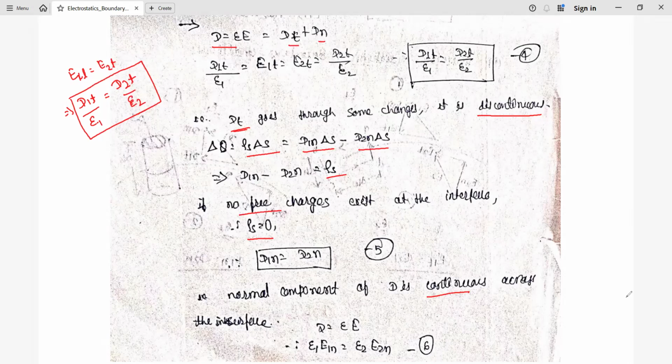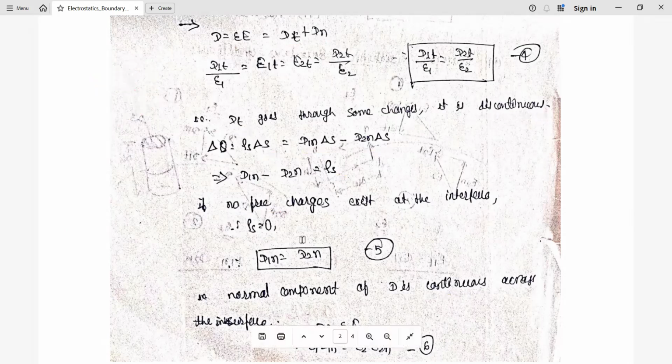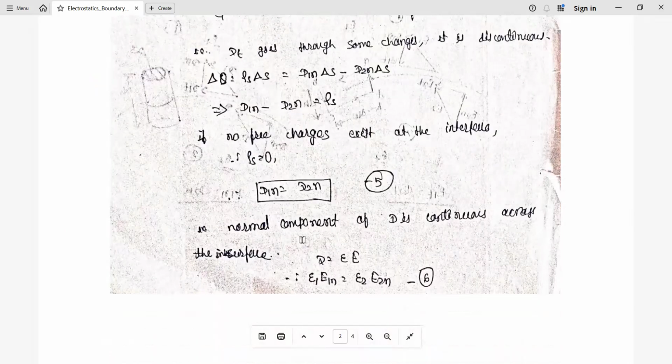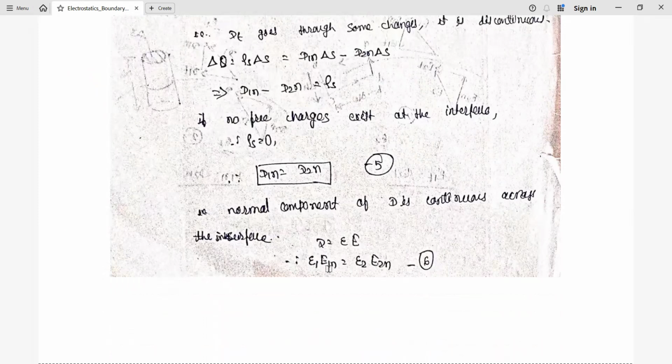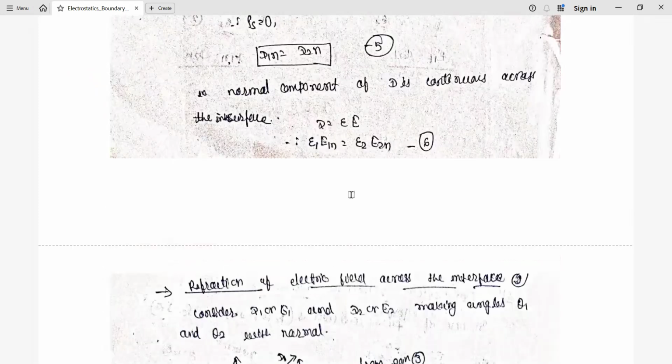On the basis of this, again, you can realize the expression for the electric field intensity here. Already we know D equals epsilon into E, so on that basis we can write the expression for the electric field intensity here.